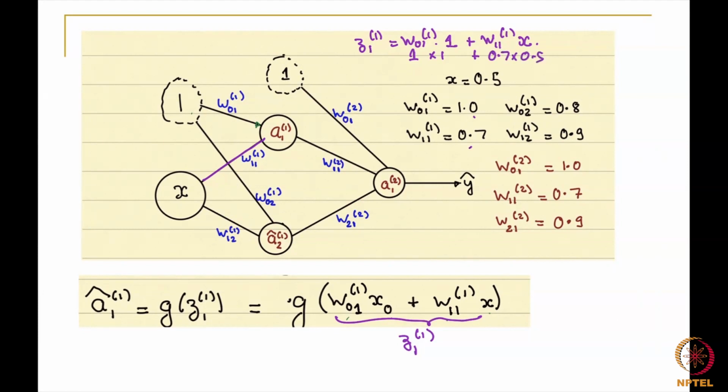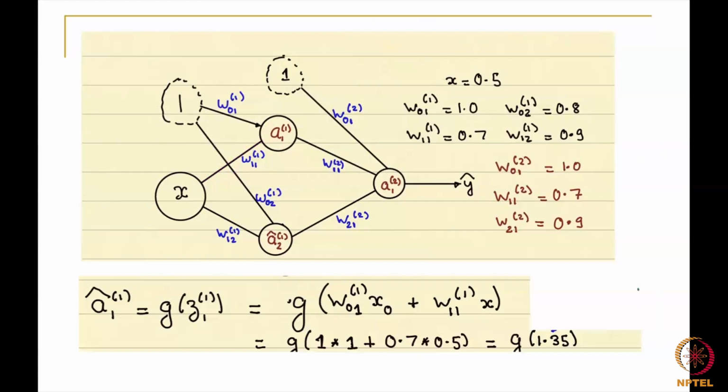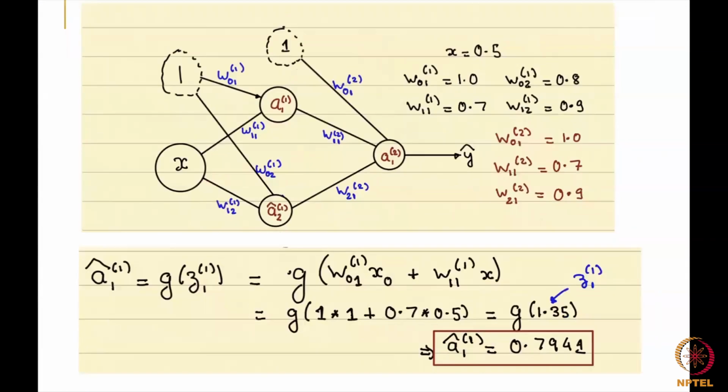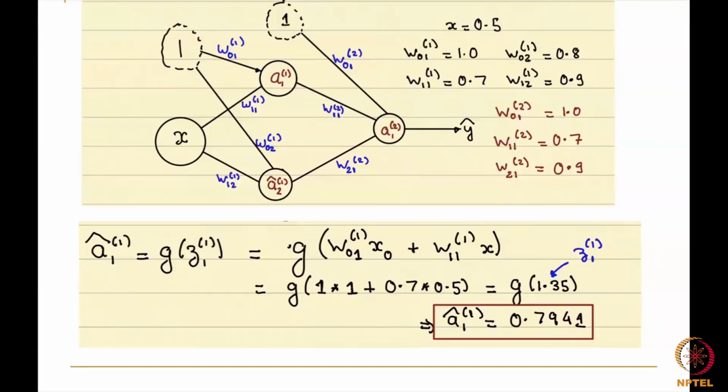If you do this calculation, we basically get Z11 is 1.35. You then calculate the nonlinear portion. First the linear portion, then the nonlinear portion. So you get A1 hat, or A11, is basically 0.7941. It comes by doing 1 by 1 plus e to the power minus 1.35, because it's the sigmoid which we decided was the nonlinearity in this unit.